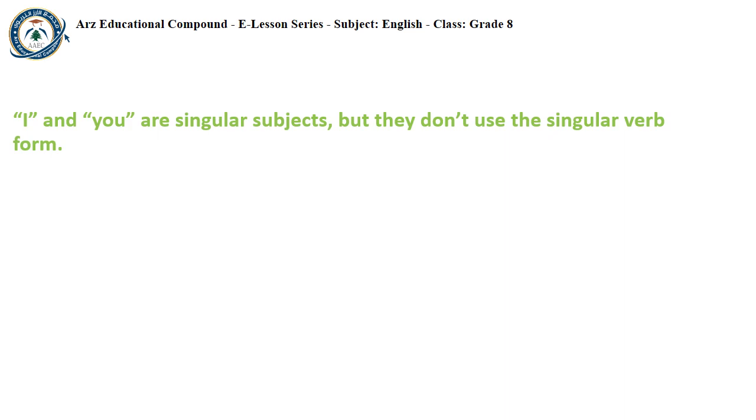Even though they are also singular subjects, they take the plural form of the verb. And you just need to remember that. I like to go swimming. She likes to go swimming. Both of these subjects are singular, but the verb forms are different.